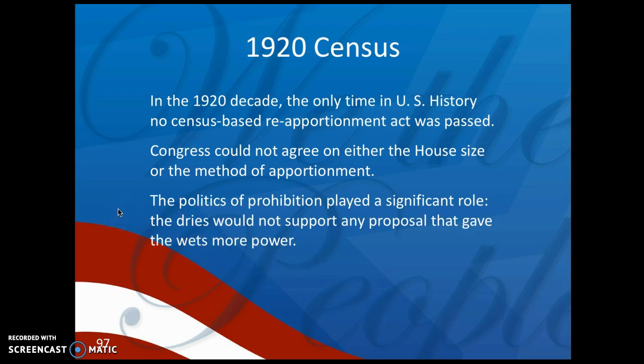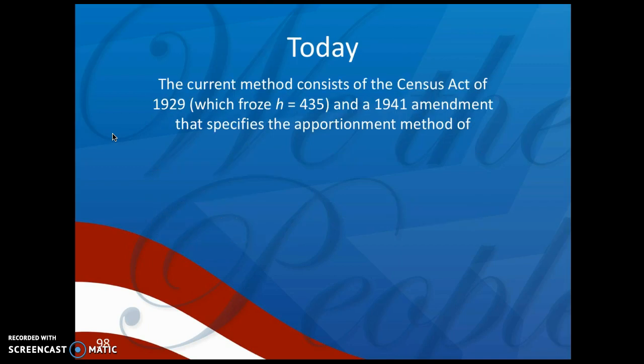So this was a very divisive time in American politics, and most historians believe that this issue surrounding prohibition caused the United States Senate and Congress not to pass a bill reapportioning the house size and the number of representatives per state.